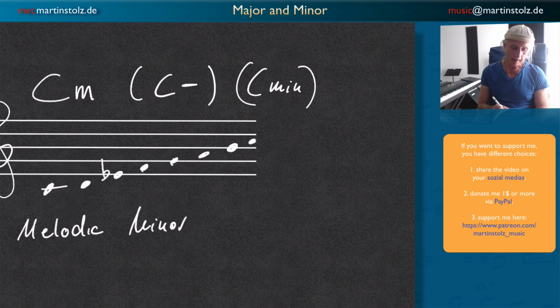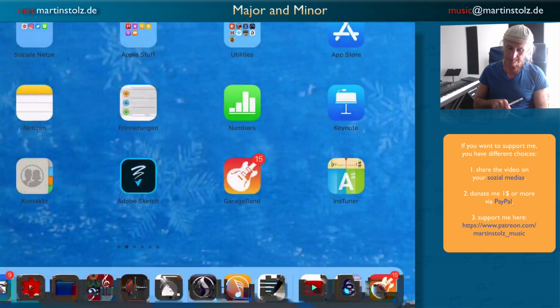Okay, so now if I change only 1 tone, I change 1 note here, I get a Dorian minor. Listen to that.